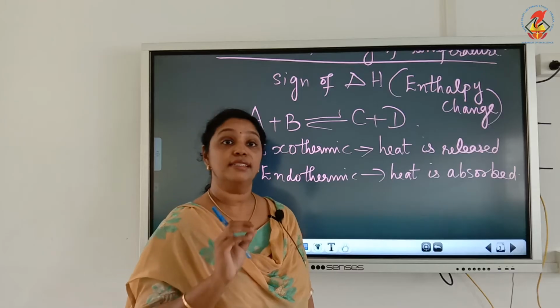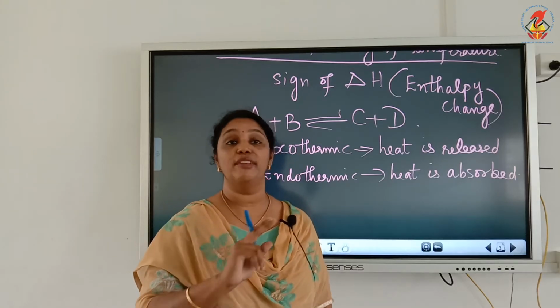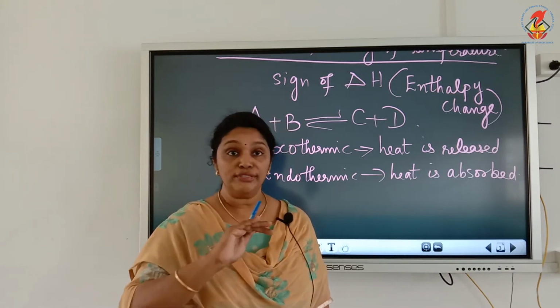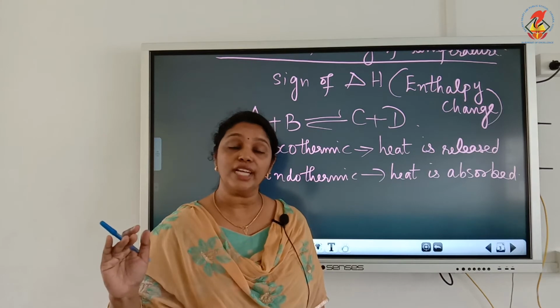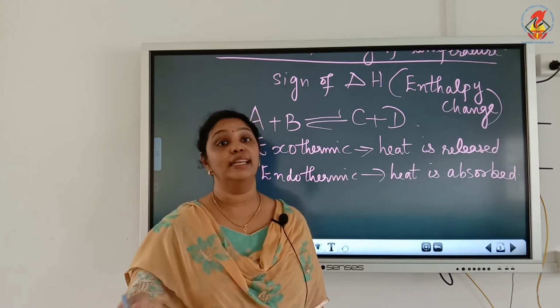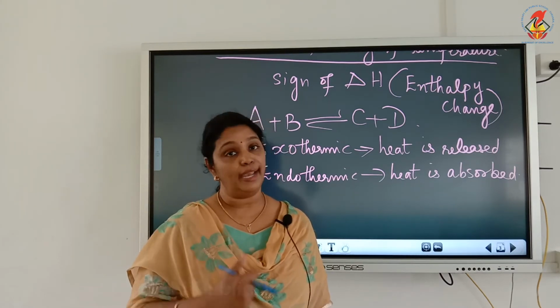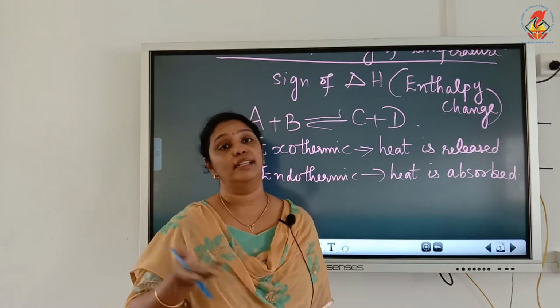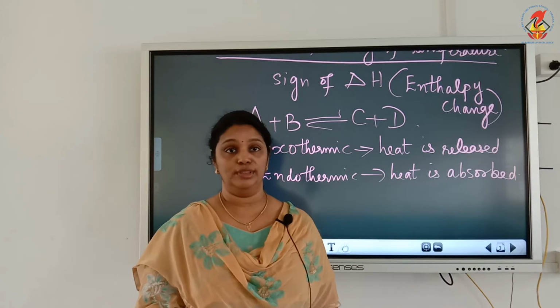For a reaction at equilibrium, we have a forward reaction and a backward reaction. If the forward reaction is exothermic, then the backward reaction will be endothermic. If the forward reaction is endothermic, then the backward reaction will be exothermic.